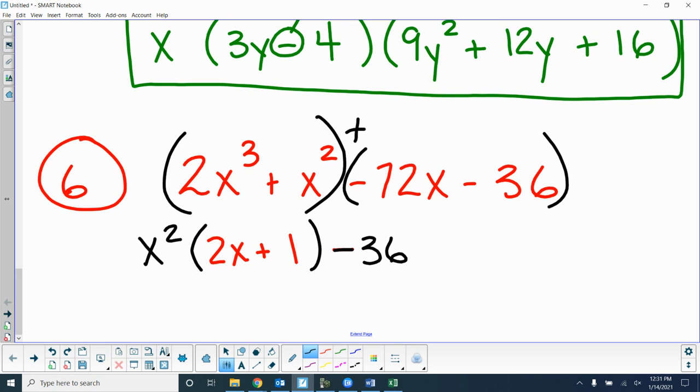So some of you had pulled out a 2, some a 4, some a 9, some a 12, some a 6. All those are common factors, but they're not the greatest common factor. So the greatest common factor is 36, and like JR said, it's 2x plus 1 when you divide negative 72x by negative 36, and negative 36 divided by negative 36.